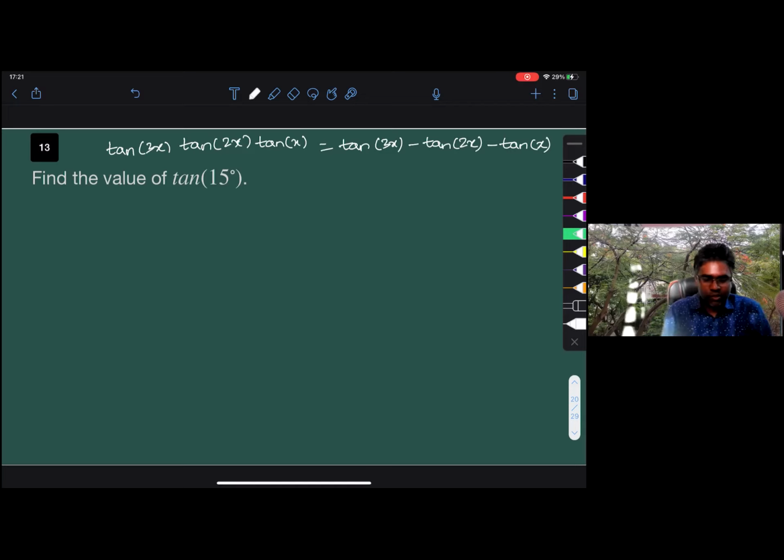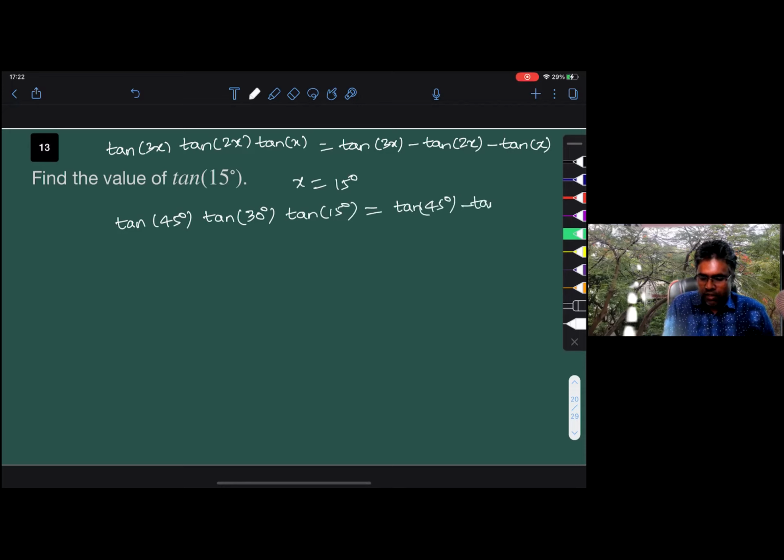So now here I can just put x is equal to 15. If I put x is equal to 15, the left hand side gives me tan of 45 degrees multiplied by tan of 30 degrees multiplied by tan 15 degrees. And then the right hand side is tan 45 minus tan 30 minus tan 15.